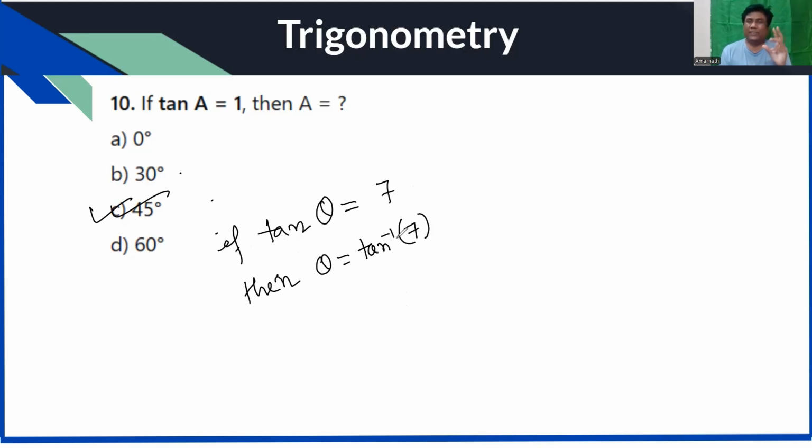If it is not a popular angle, like 0, 30, 45, 60, 37, 53, 120, 180, then directly you can do this. If sine theta is this, then theta equals sine inverse, cos inverse, it is called inverse. Tan inverse is read like this only, nothing else.